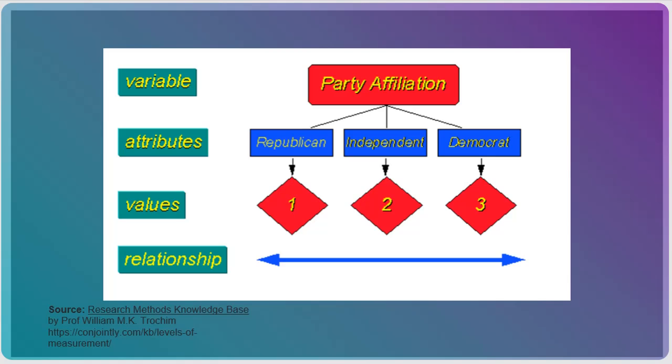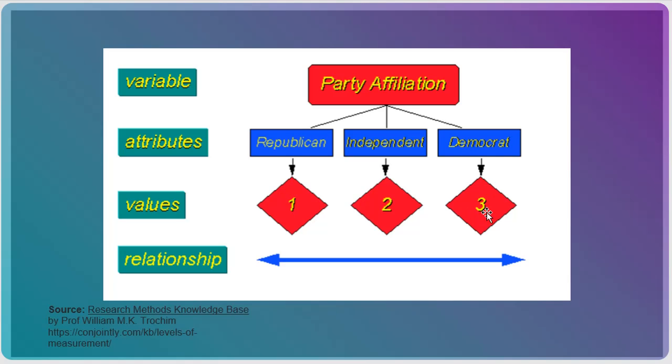The level of measurement describes the relationship among these three values. In this case, we simply are using the numbers as shorter placeholders for the lengthier text terms, or shorter name for the attribute. Again, the shorter name for Republican in this example is 1. The shorter name for Independent is 2. The shorter name for Democrat is 3.